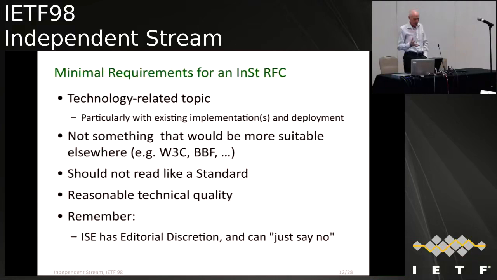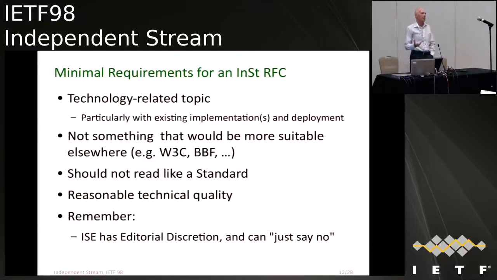Next, the topic has to be something that would not be more suitable elsewhere. So the other places where it might be published, well, any other standards organisation like W3C, the World Wide Web Consortium, BBF, the Broadband Forum, and there are lots more.